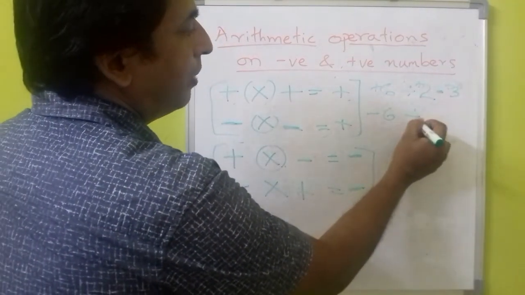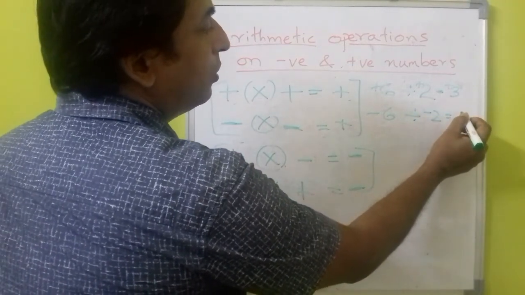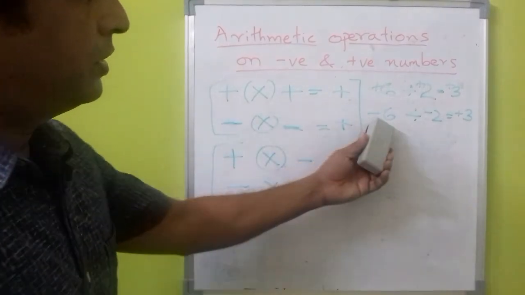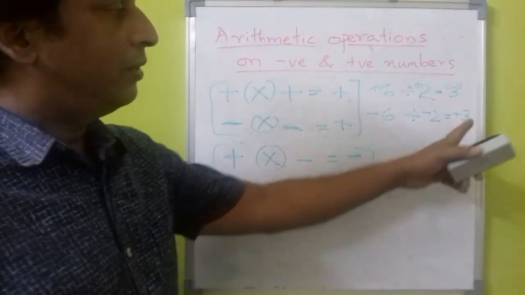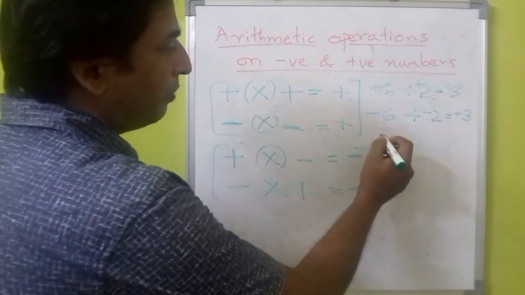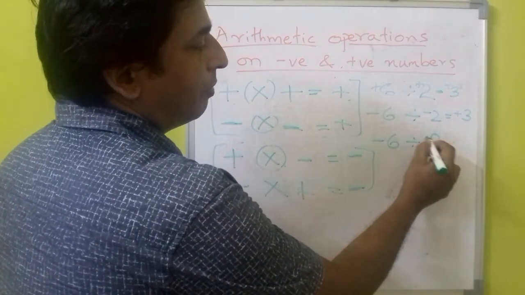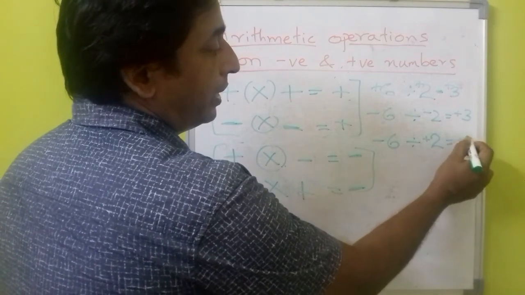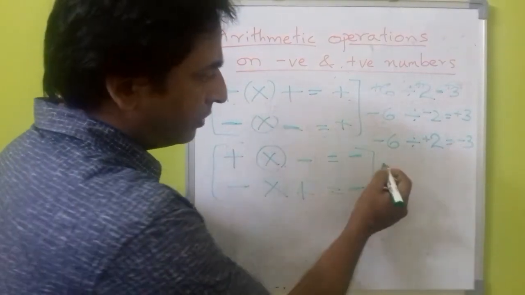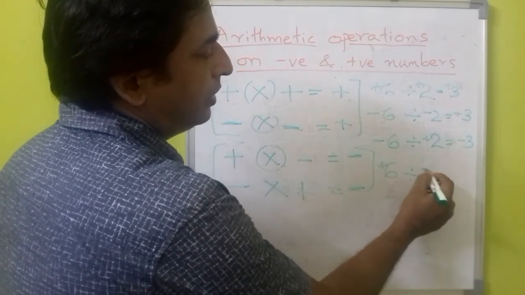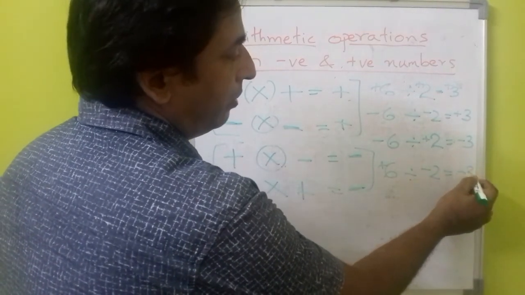Minus 6 divided by minus 2 will give you plus 3. When both the signs are the same, you will get a positive answer. When one number is negative and another number is positive, you will get a negative number as a result. The same applies here. If this is positive and this is negative, you will get a negative number.